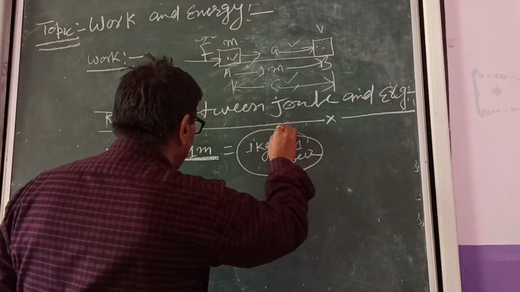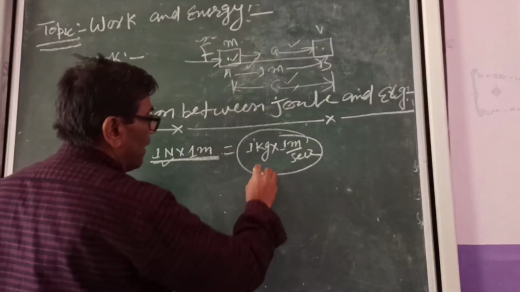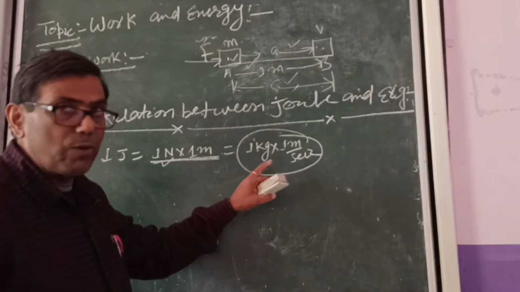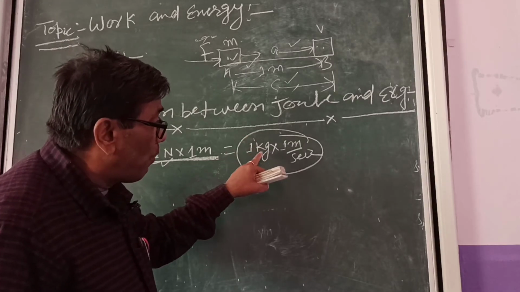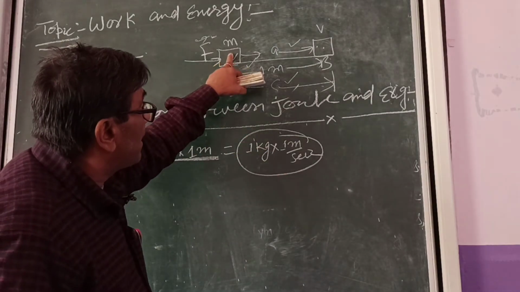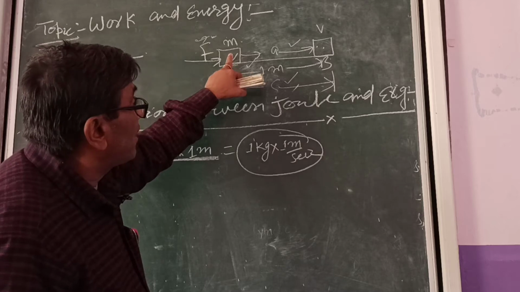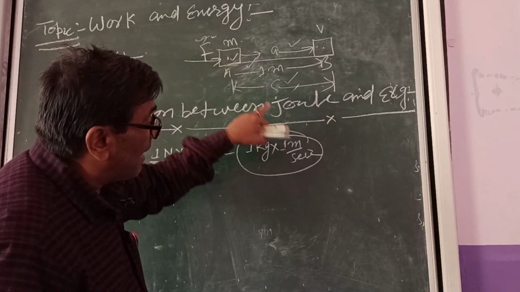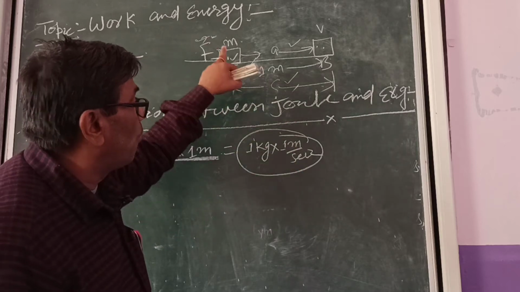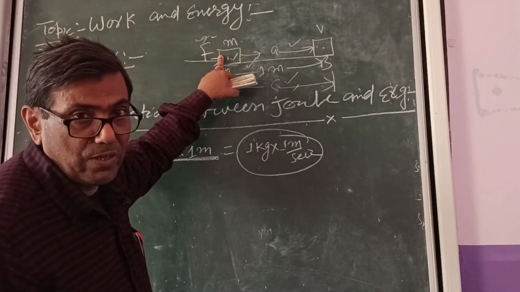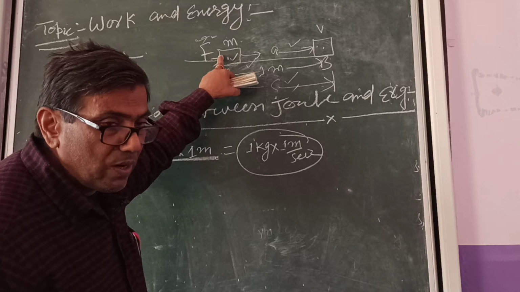It means that when an external force acts on a 1 kg body and the body is accelerated by 1 meter per second square, then this force is known as 1 Newton.